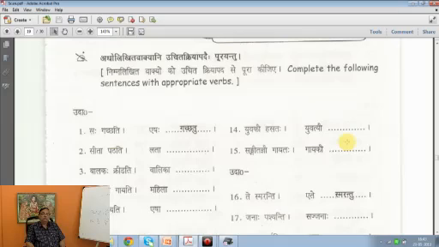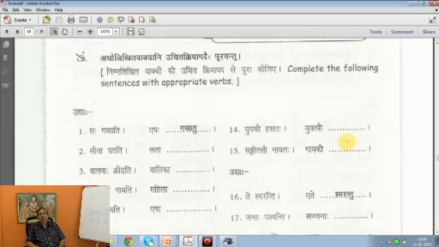Yuvatyau hasatam, let the two young women laugh. Sangeetagnyau gayataha, two musicians are singing. Gayakau gayatam, let both the singers sing.